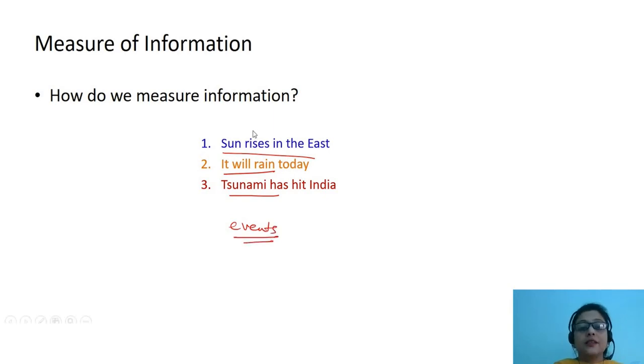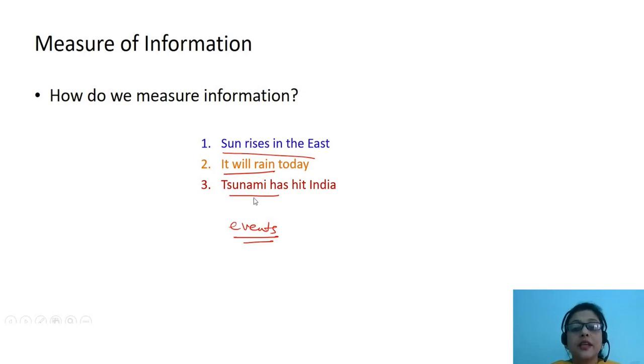So which is the highest? Sun rises in the east is a daily event which has occurred, so it has the highest probability of occurrence. It will rain today has a probability which is lower than the first statement.